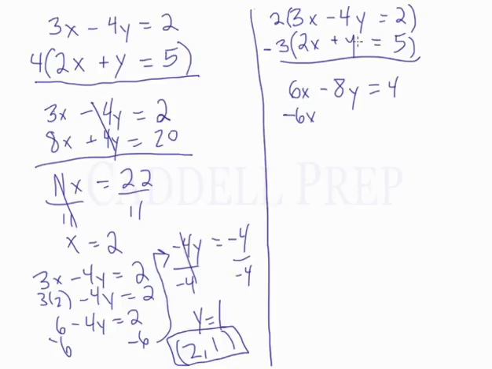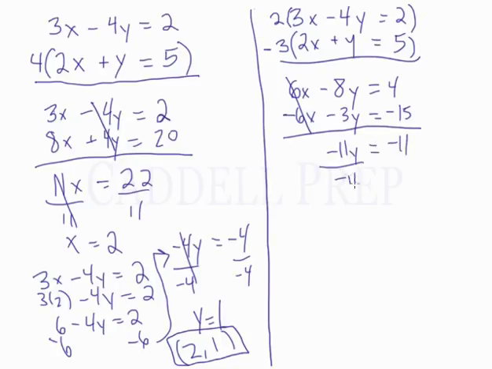Negative 3 times y would be negative 3y. And negative 3 times 5 would be negative 15. Now when we add, the x's cancel out this time. And we have negative 11y equals negative 11.